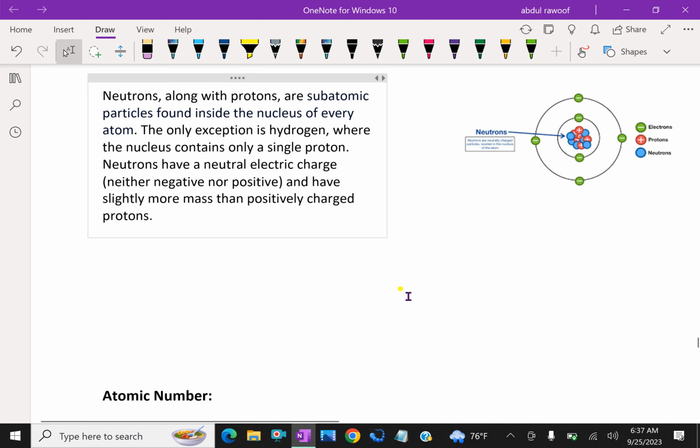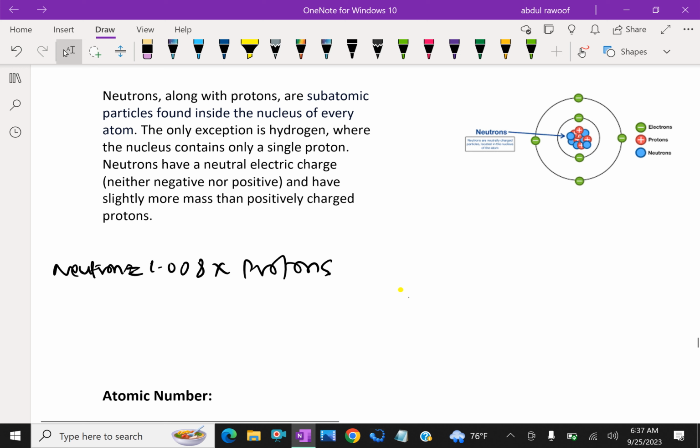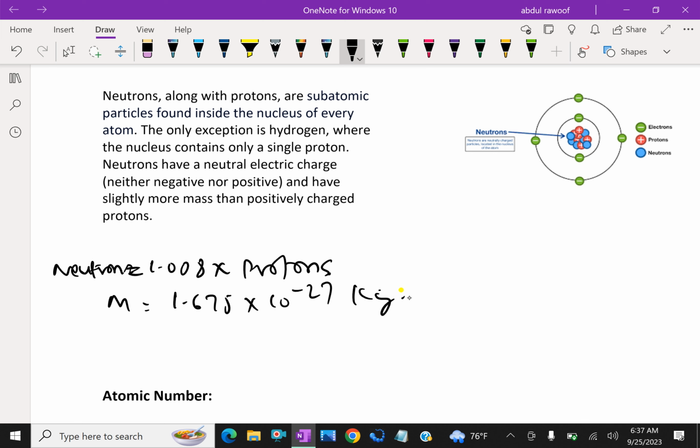Therefore, neutrons are 1.008 times heavier than protons. The mass of each neutron is 1.675 into 10 power minus 27 kg.